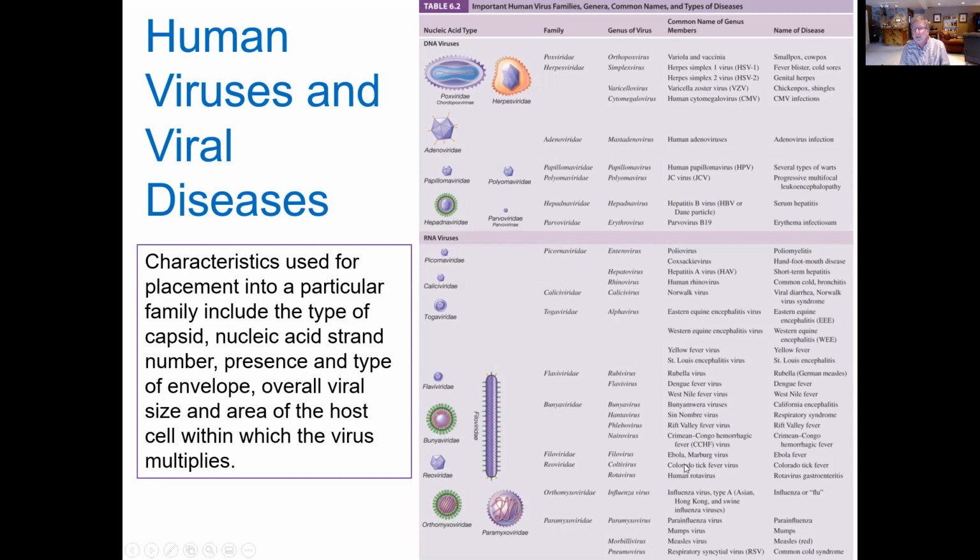Still around, by the way. Mumps and measles. So if you ever want to go back and find out what virus causes what disease or what illness, and is it a DNA or an RNA virus, and its taxonomy, this is just a nice table that you can reference.